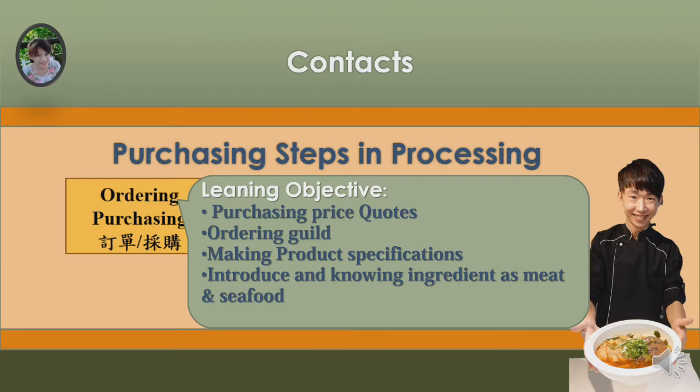And then it's quite important to know how to make the production specifications, especially for meat, seafood, vegetables, fruit, and extras. But in today's lesson, I think we will just finish introducing and getting to know the ingredients from meat and seafood. Alright, shall we start?